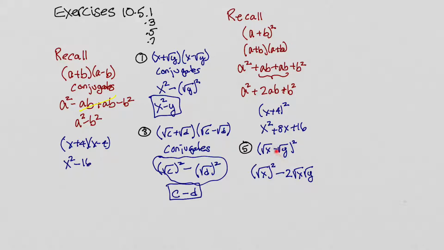Now, if you're thinking negative square root of y, you square the negative, you get a positive. So this is going to be positive square root of y squared. Now let's simplify this. When you square a square root, the radical comes off. You get x minus, and now we've got both square roots, so we're going to multiply right under that radical. Minus 2 times the square root of xy, and then plus y.